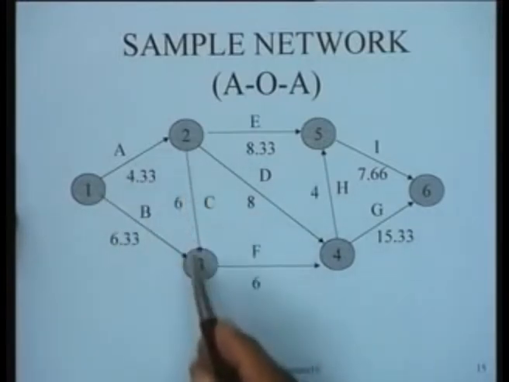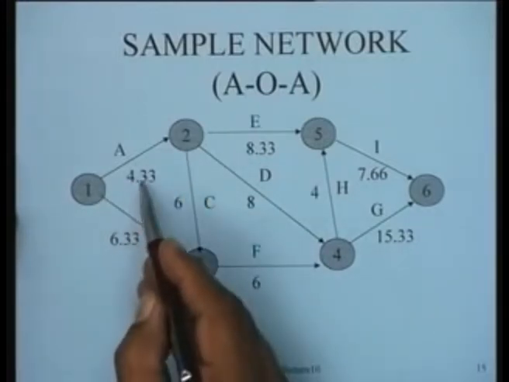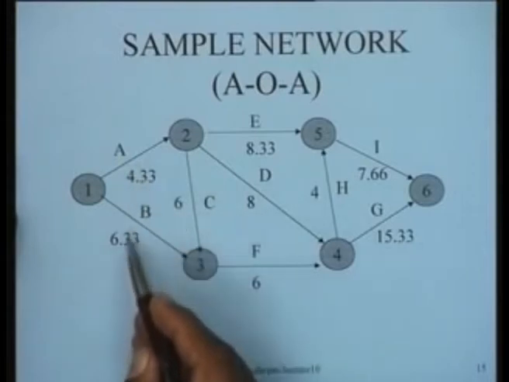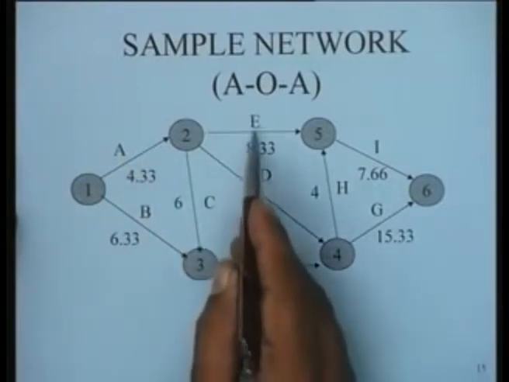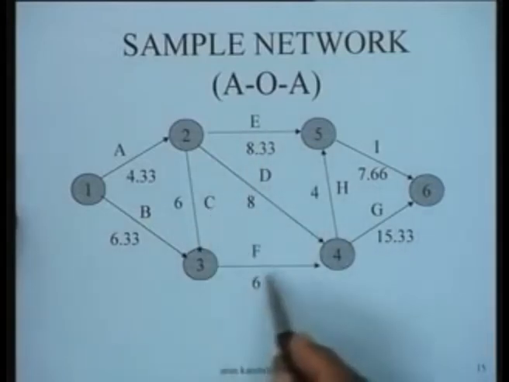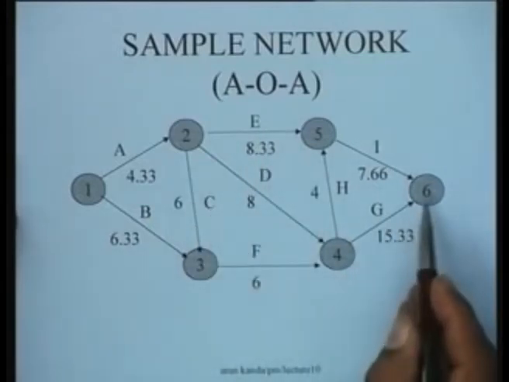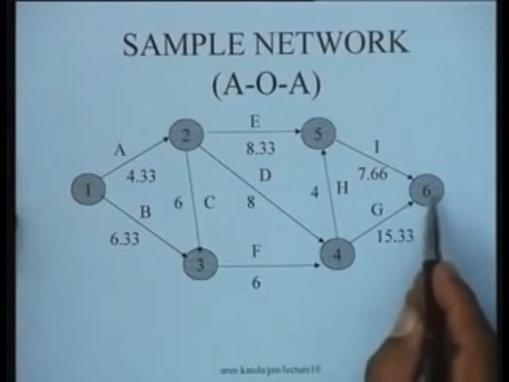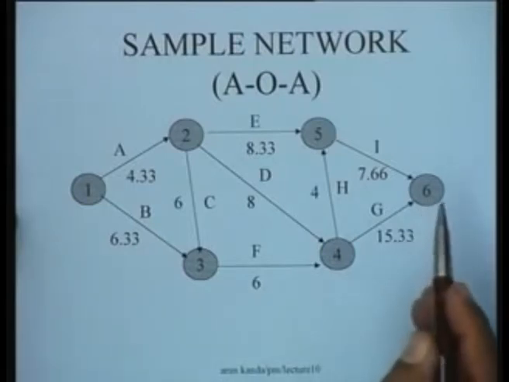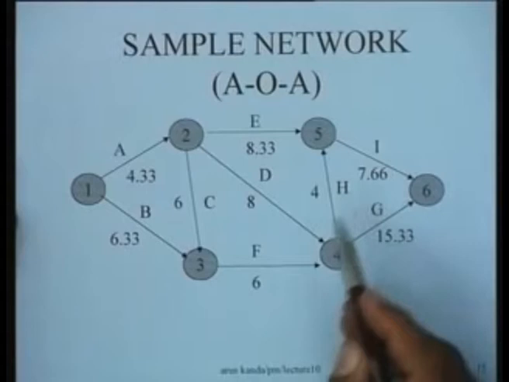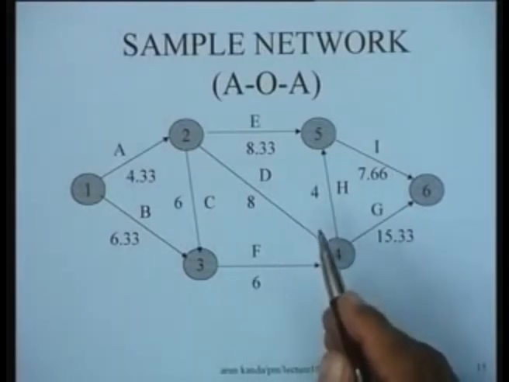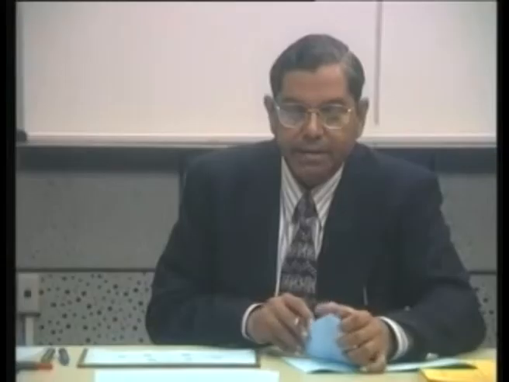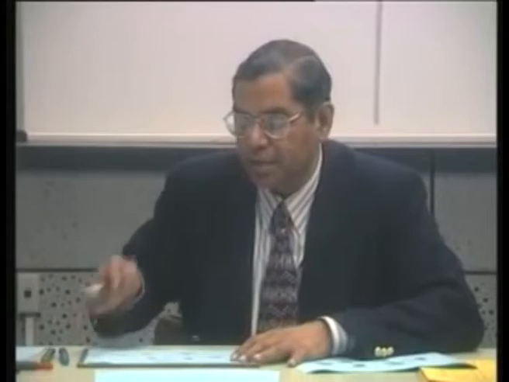So the times that are shown adjacent to each activity are the expected values of the times for each of the activities, and we have therefore the entire network which is shown in this particular diagram. Now we will do a forward pass and a backward pass on this network and identify the critical path just as we had done here. So let us do a forward and a backward pass.